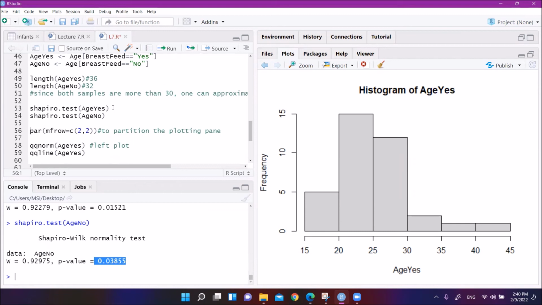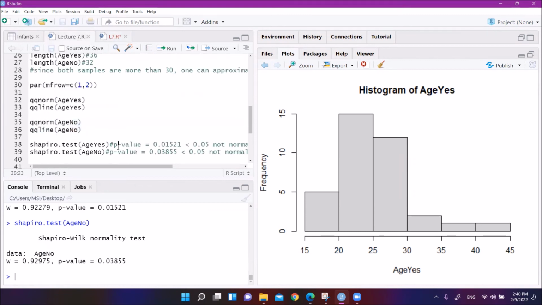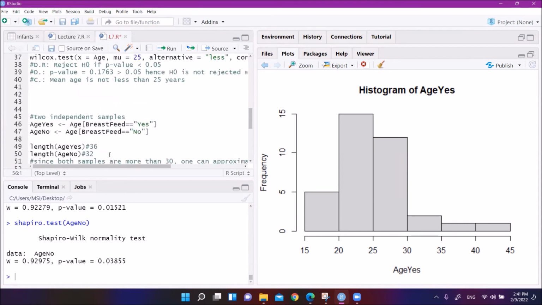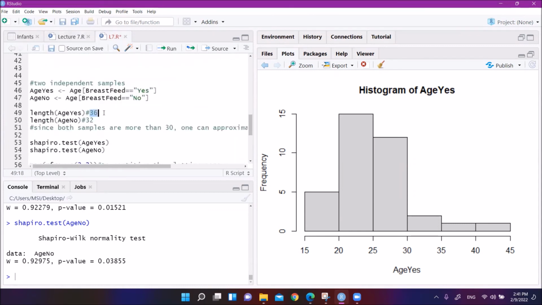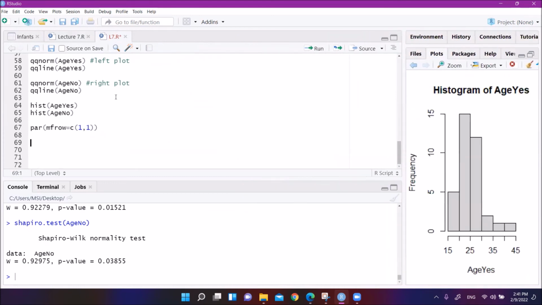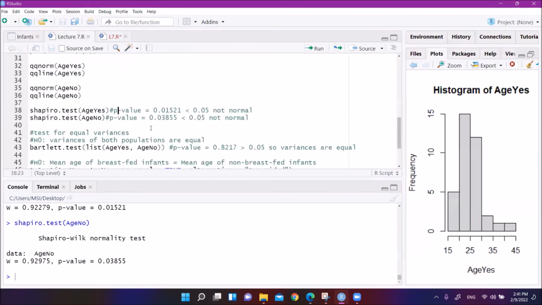So both the samples are not normally distributed according to this test. Still, just because the sample size is large, this is greater than 30, this is greater than 30, one can think of performing 2 sample t-test, right? Same thing.